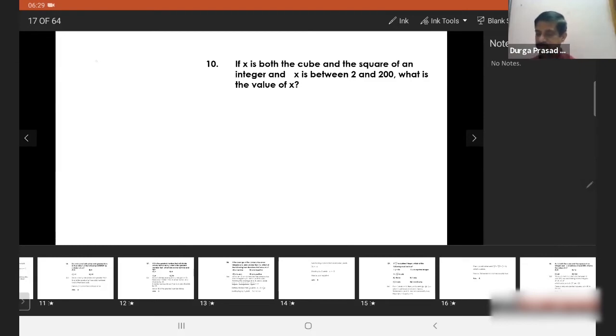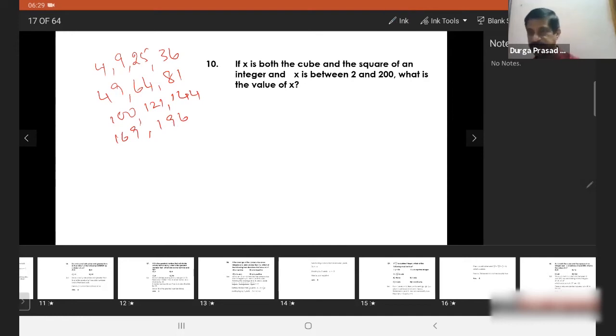So what all are the squares? 4, 9, 25, 36, 49, 64, 81, 100, 121, 144, then 169, then 196, right? These are all the numbers which are squares.